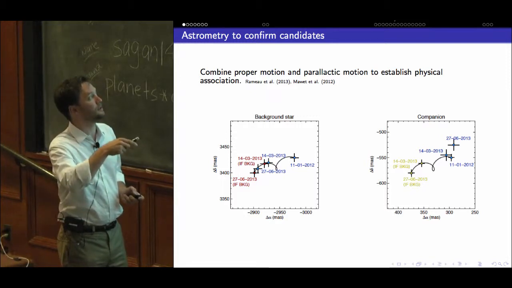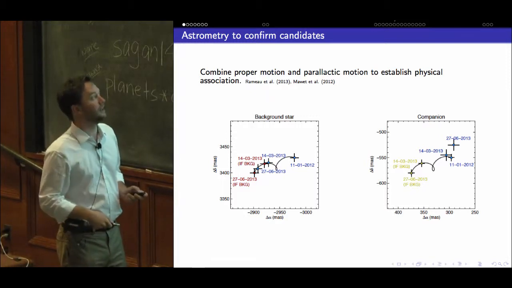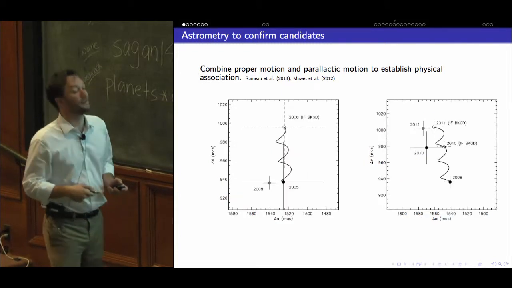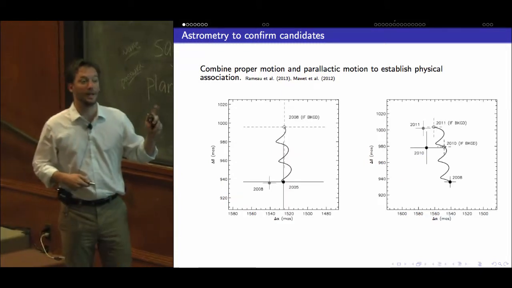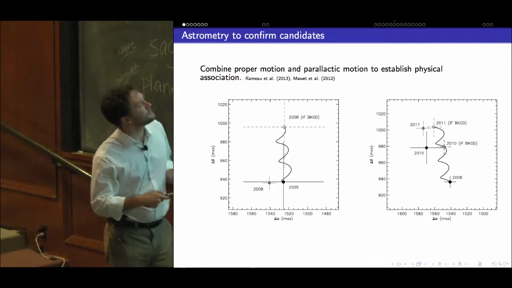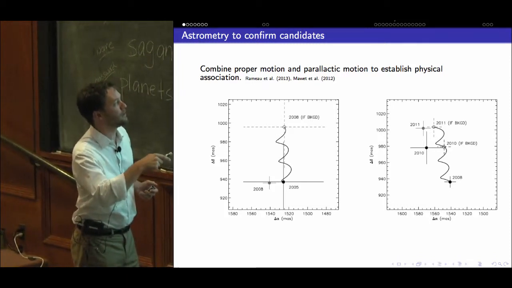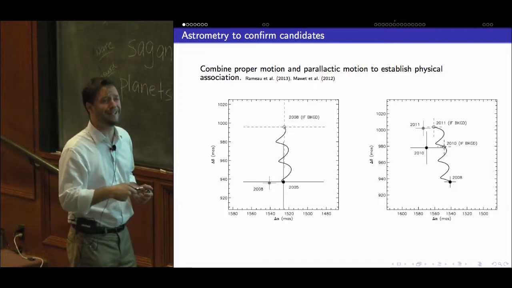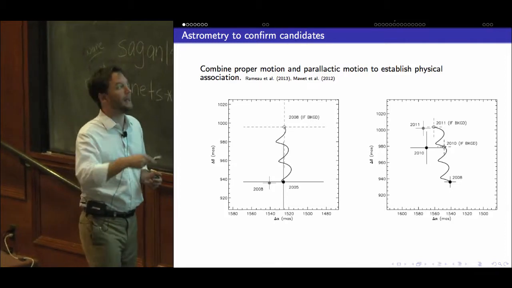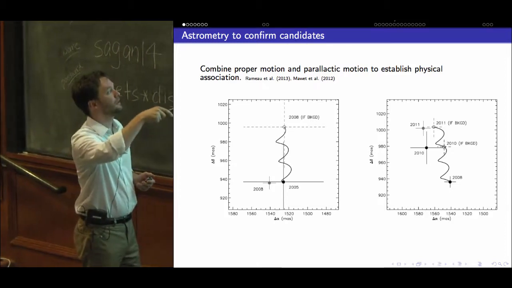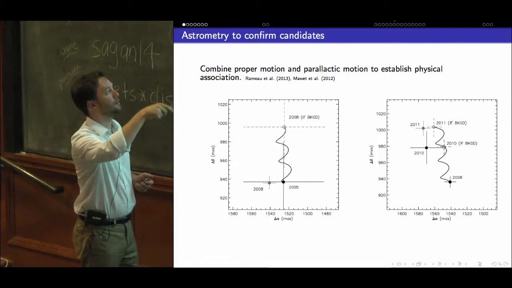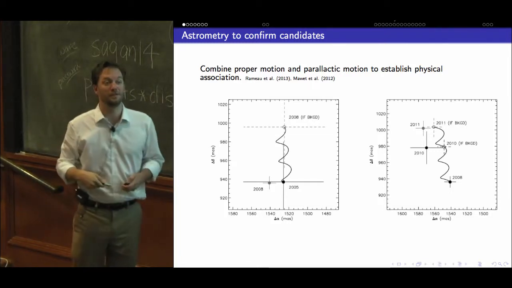It's in your error bars. Look at this figure from Dimitri Mawet's paper on HR 8799. This was his astrometry on his VLT data in 2008, and this was his astrometry from a very, very old Hubble image.